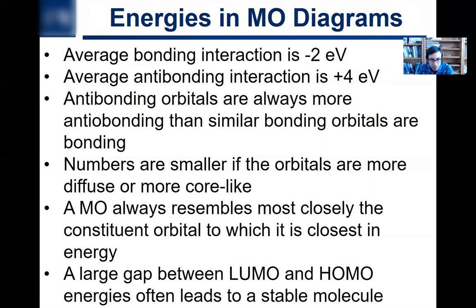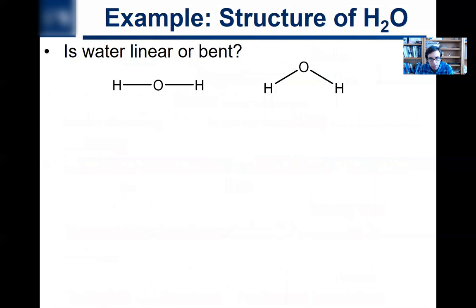And we'll see examples of this. Lastly, a large gap between the LUMO, the lowest unoccupied molecular orbital, and the HOMO, the highest occupied molecular orbital, will give rise to a stable molecule. And we'll see why as we go through this.